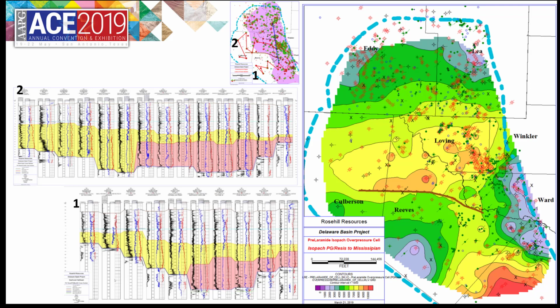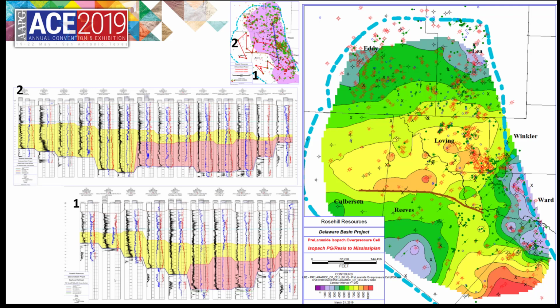So when I make that isopach of the gross overpressured area, it matches the isopach of all of the Permian units in the Delaware Basin. Right up here you can see this is the top of the Delaware Mountain Group, and this is the base of the overpressure.